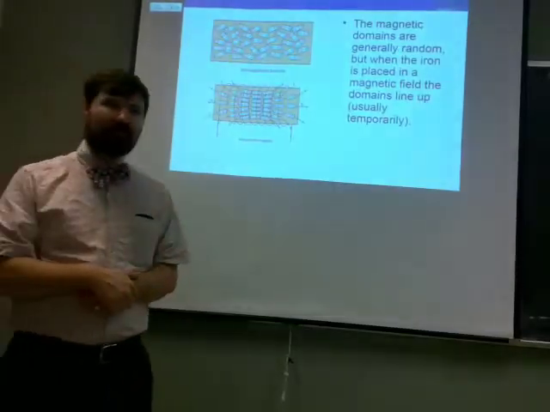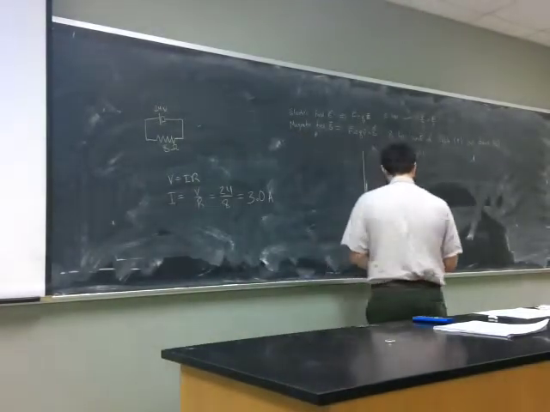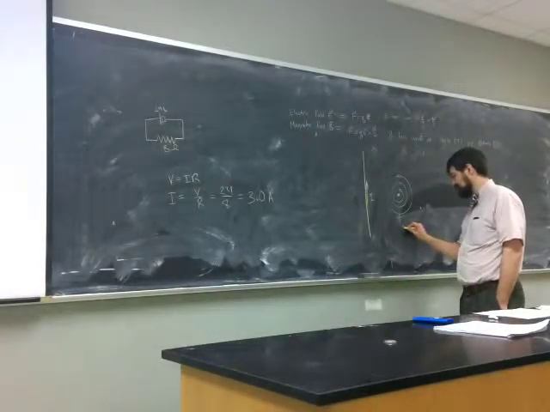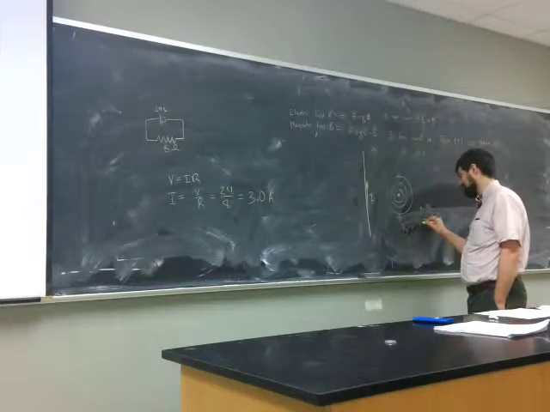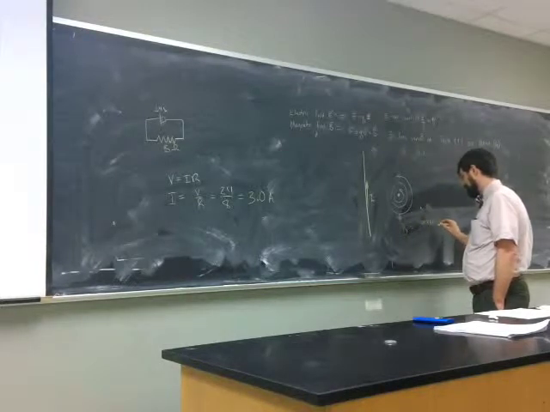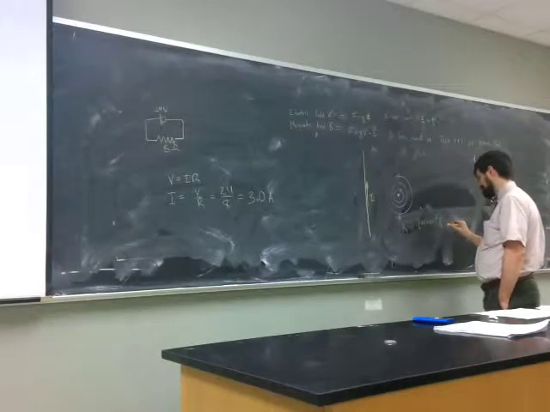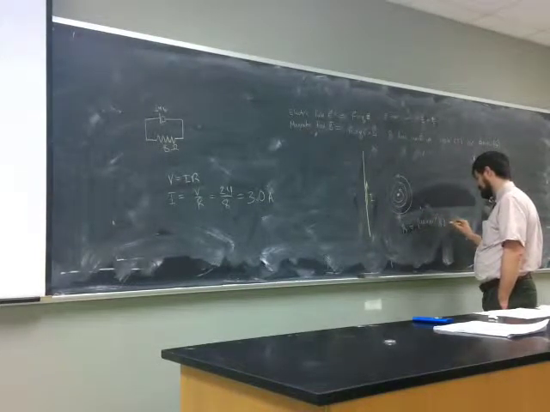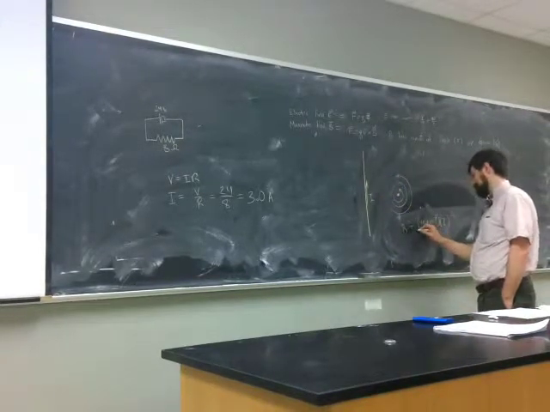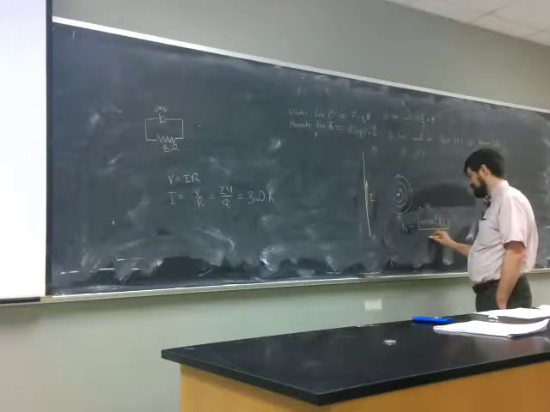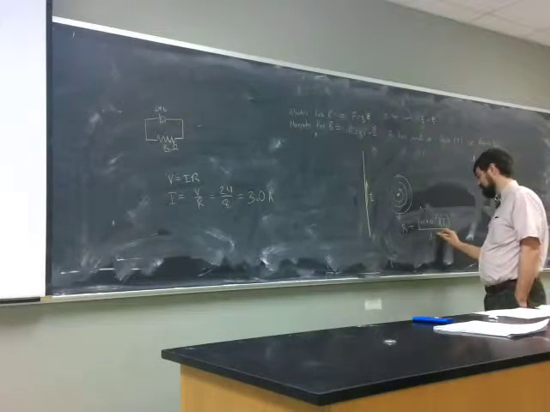How much magnetic field is produced by a current carrying wire? You may be wondering. It turns out that the B field strength for the wire is given by 4 pi times 10 to the minus 7, times the current carried by the wire, divided by the distance away from the wire, times 2 pi.